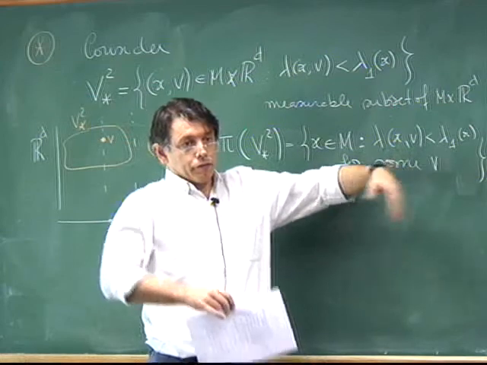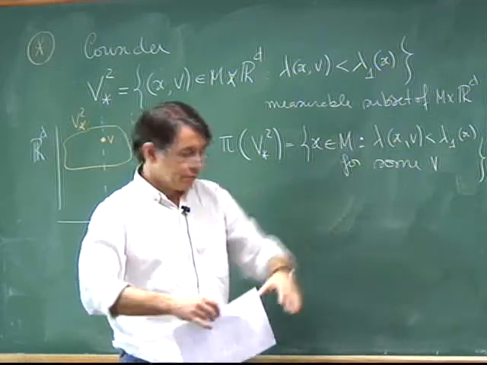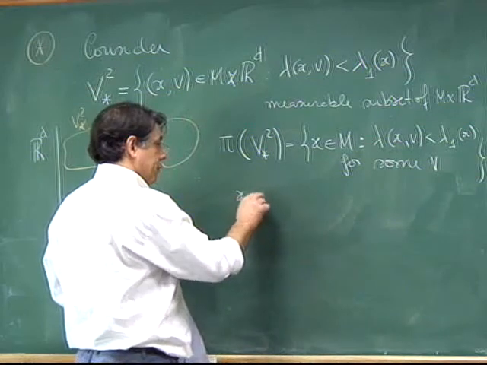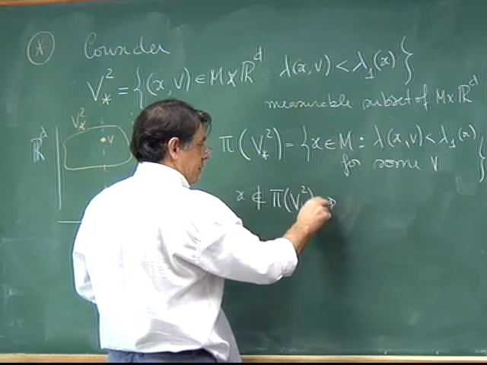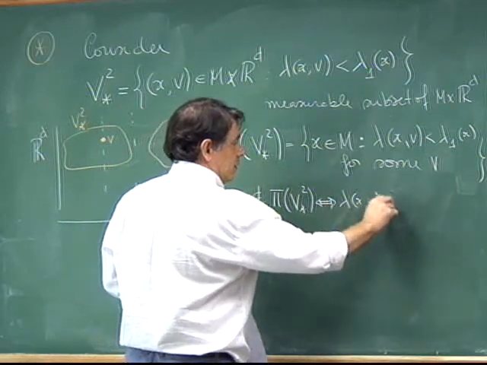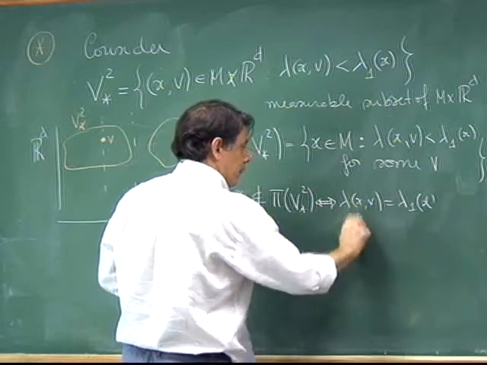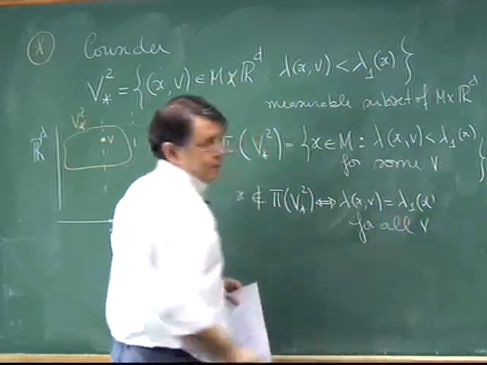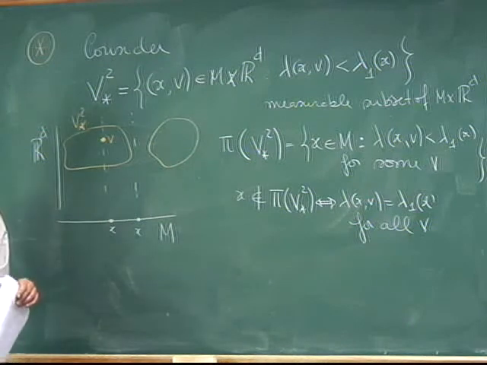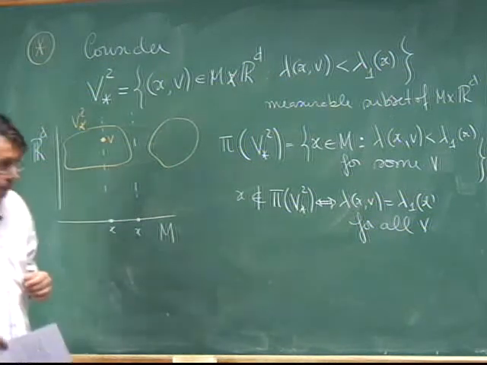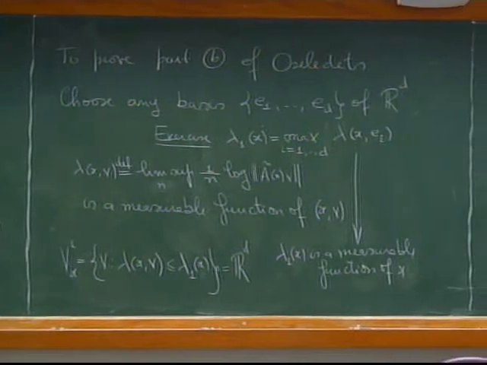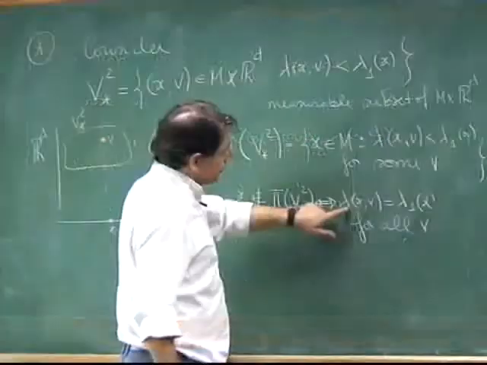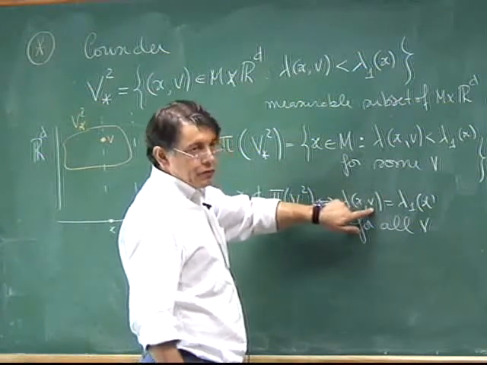In other words, for all v, lambda(x, v) is equal to lambda_1. And then you look at the way we constructed these lambdas, lambda_1 up to lambda_k: they are the possible values of this function when v varies.